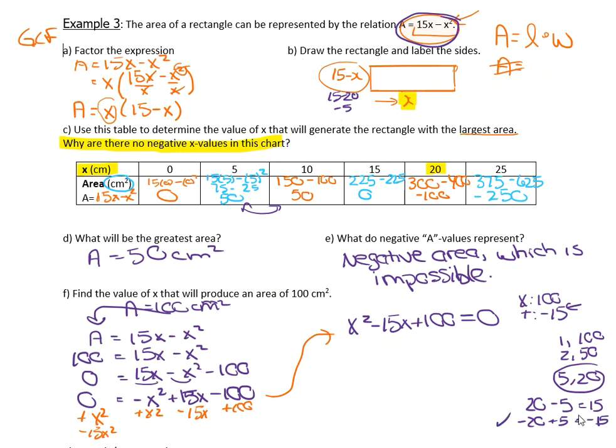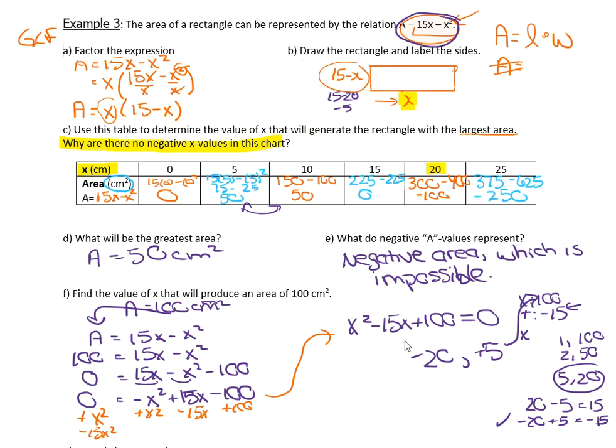Great, except a negative 20 and a positive 5 will not multiply together to give me a positive 100. It's going to give me a negative 100. So that doesn't work. It has to fit both properties: it has to multiply to 100 and add to negative 15. This is really tempting, but it's not going to get us to a negative 15.